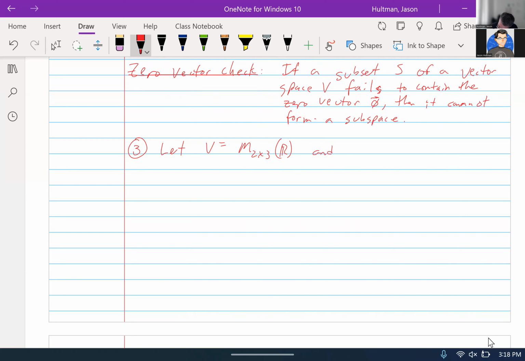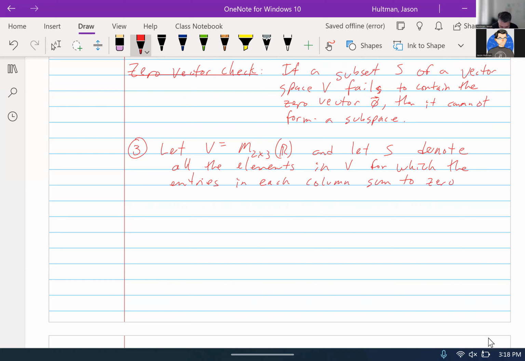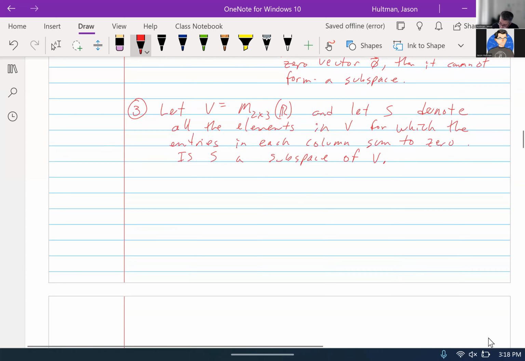And let S denote all the elements in V for which the entries in each column sum to 0. Is S a subspace of V?